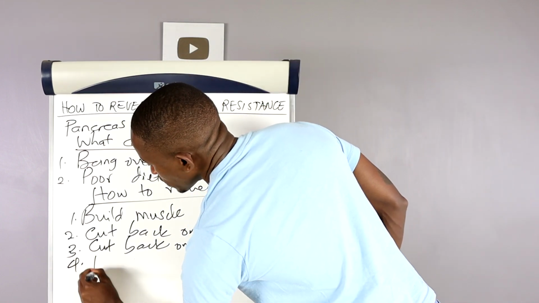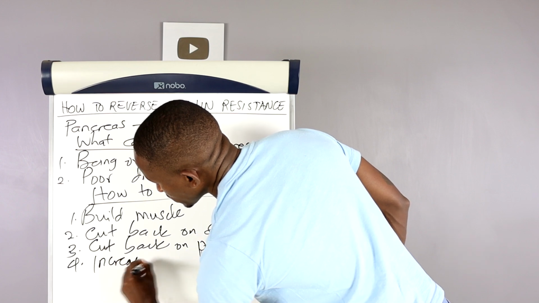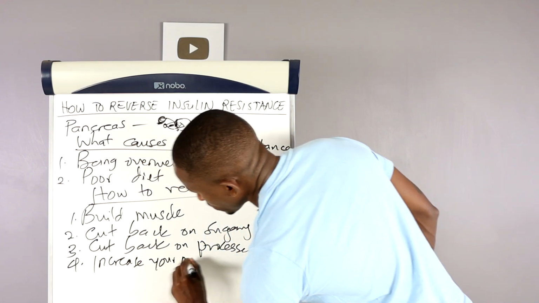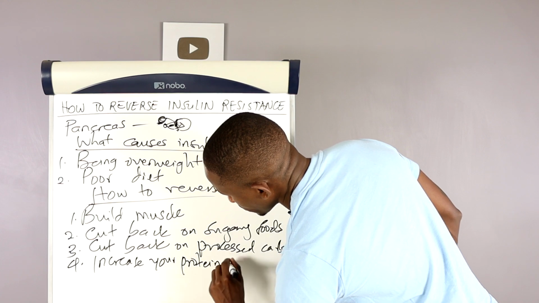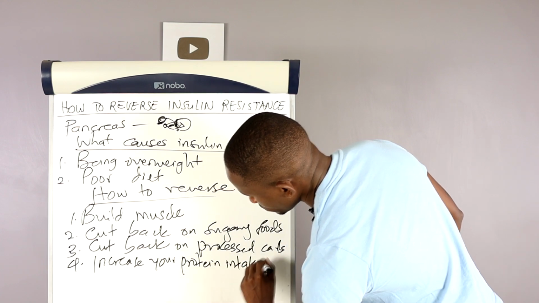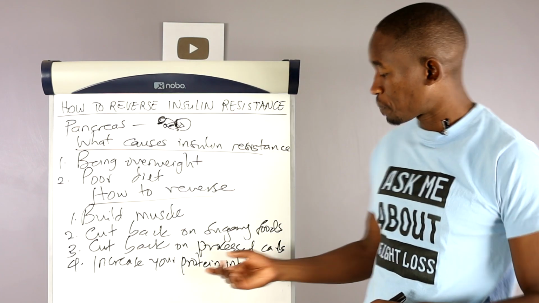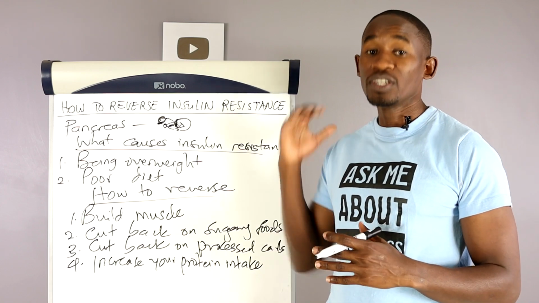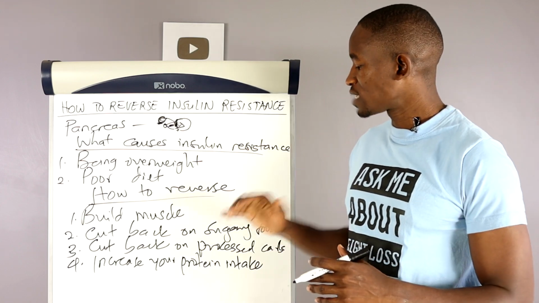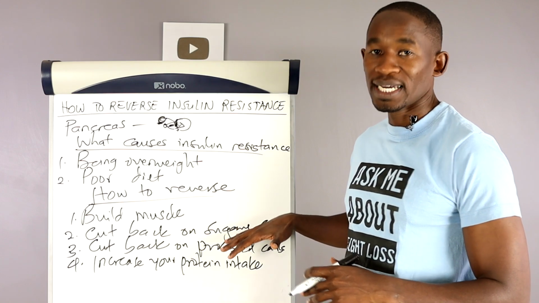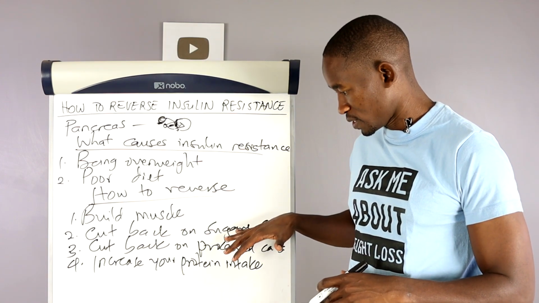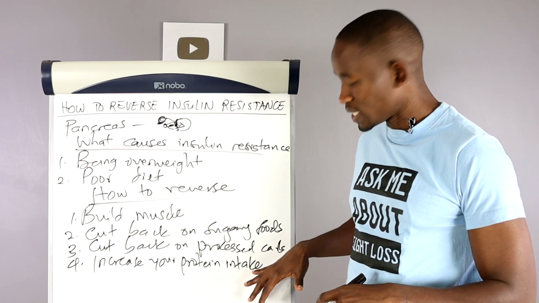Number four is increase your protein intake. Now you need to know that when you eat protein, your blood sugar levels are still going to rise, but they are not going to rise as much as they are going to rise with a meal that has sugary foods. But the good thing about protein is that it's filling.